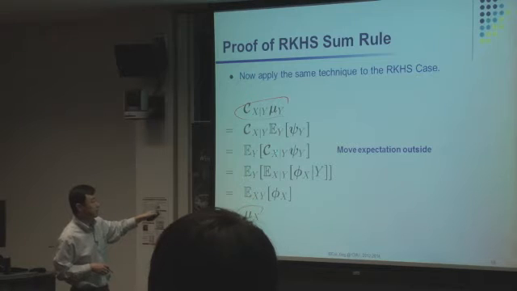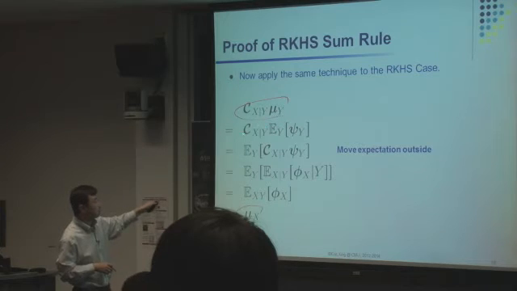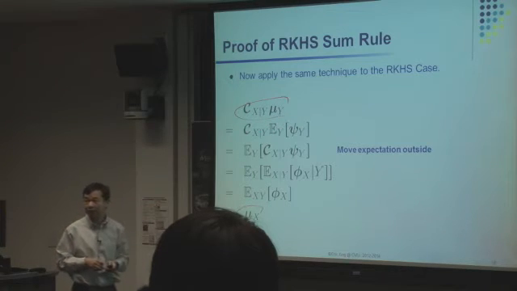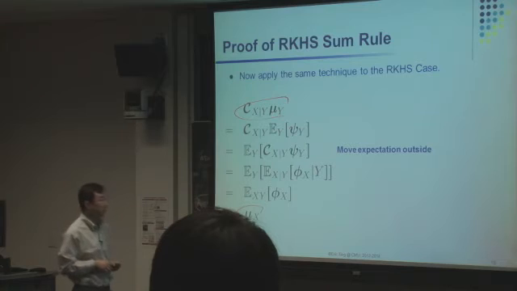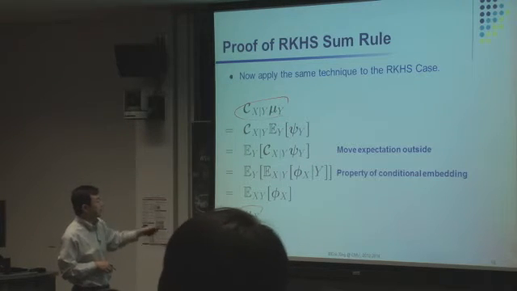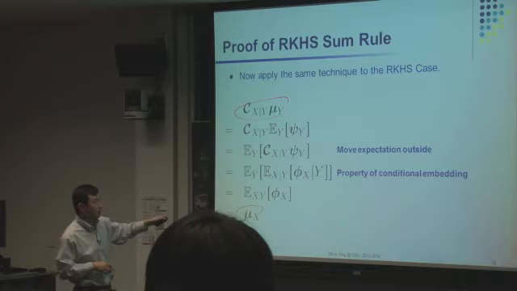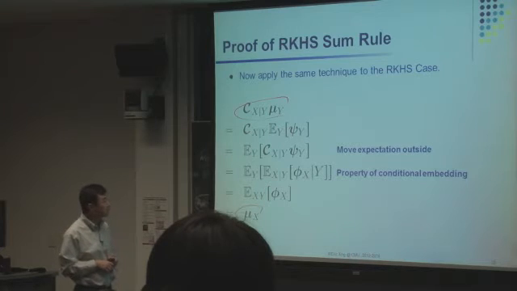We're going to take the expectation over y out, because this is not a random variable. This is just an operator. And you now take it out, and then you have the conditional operator directly working on a feature map.